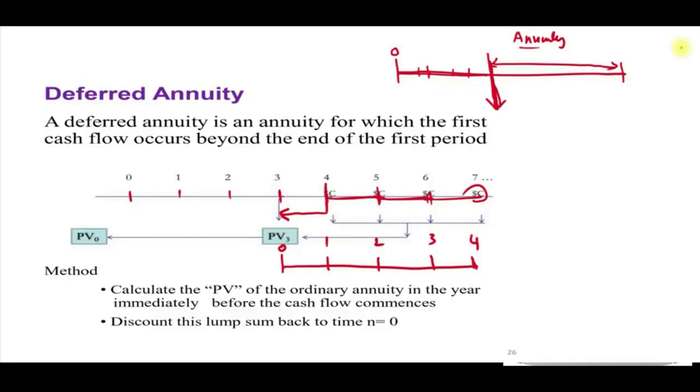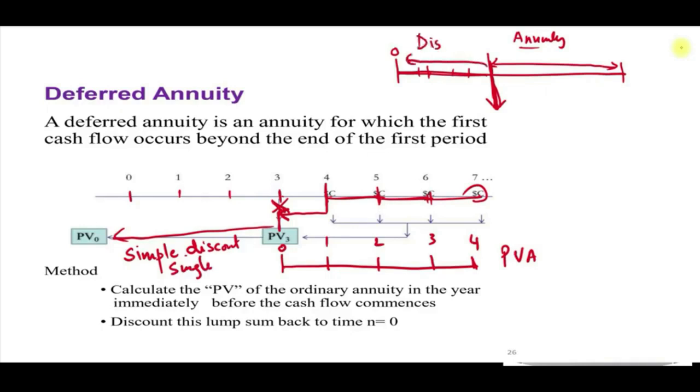So for this period I can use the present value of annuity formula, but our answer will be at year 3. Once we have this answer, we can take it back to year 0 using simple discounting, that is, single cash flow discounting. This period is used for the discounting period.